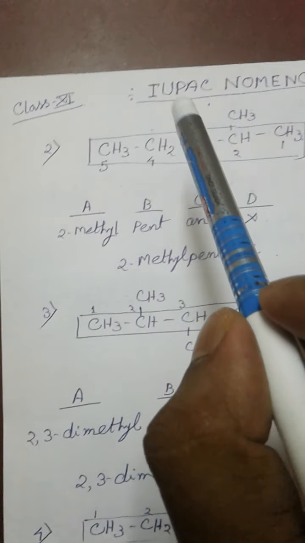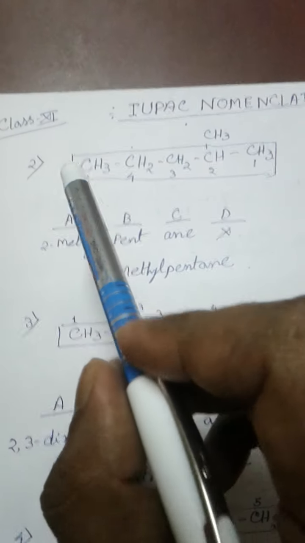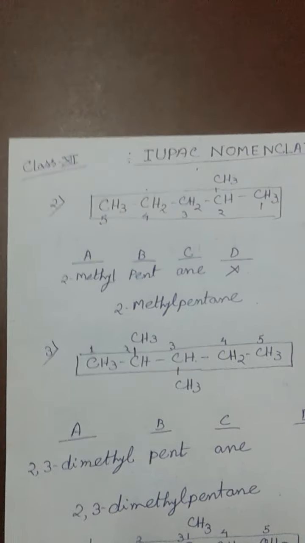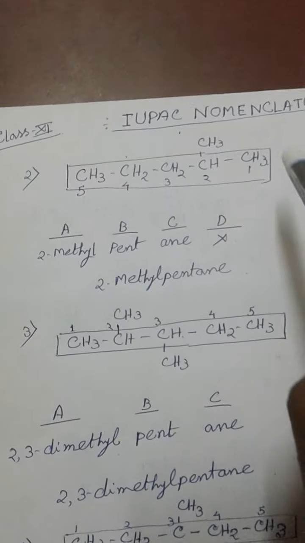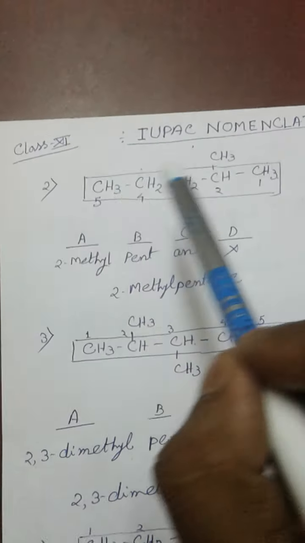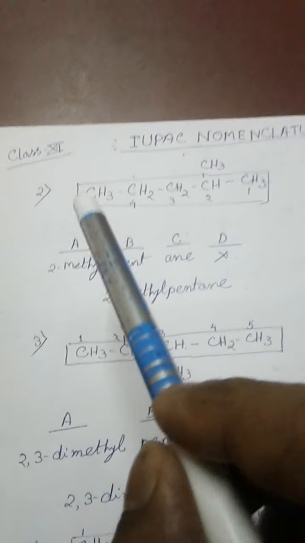Today I discuss the IUPAC nomenclature of class 11, and I give some examples here. We also discuss the rule behind it. The first example is this, and the main chain of this molecule is shown within the box.